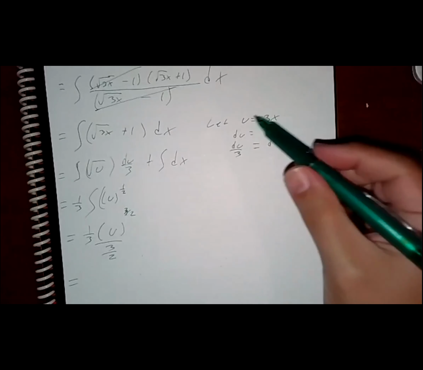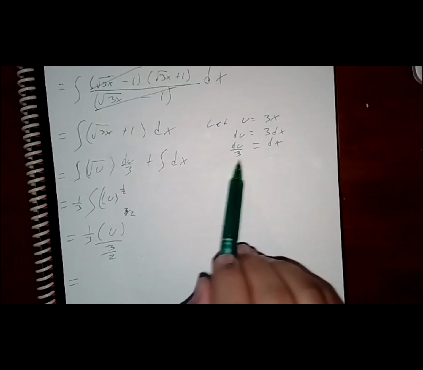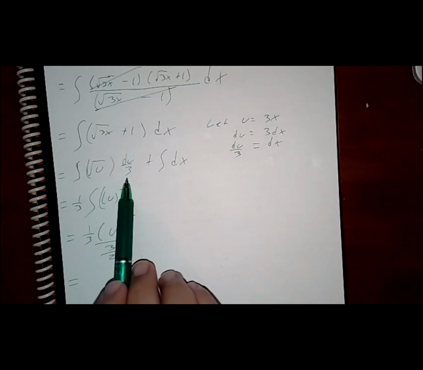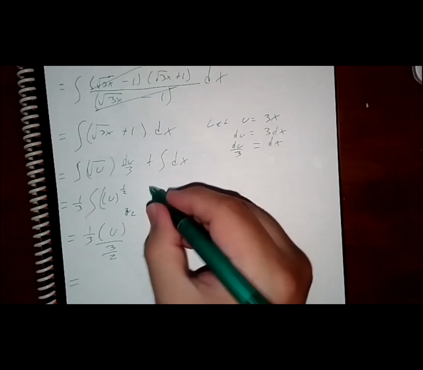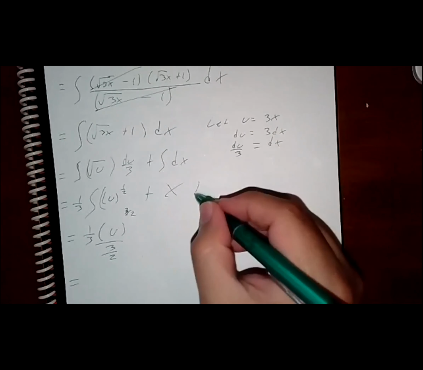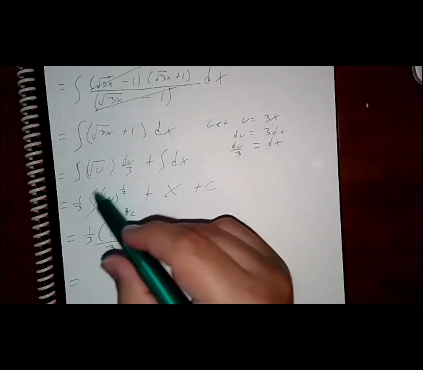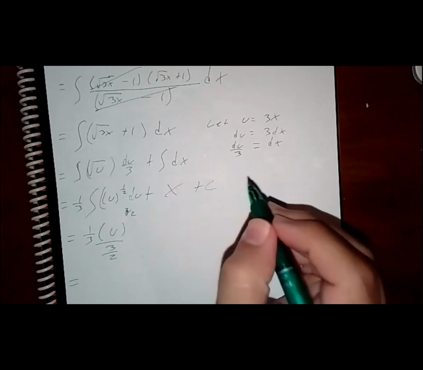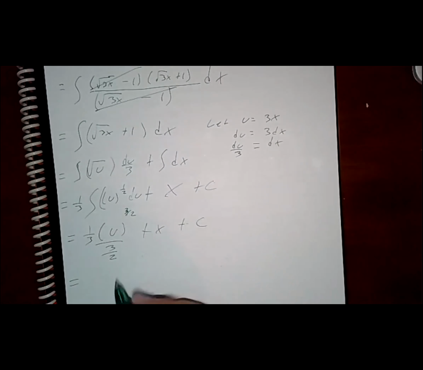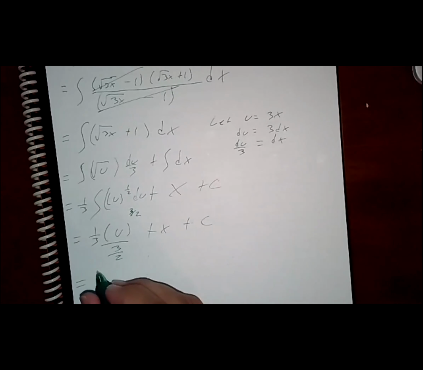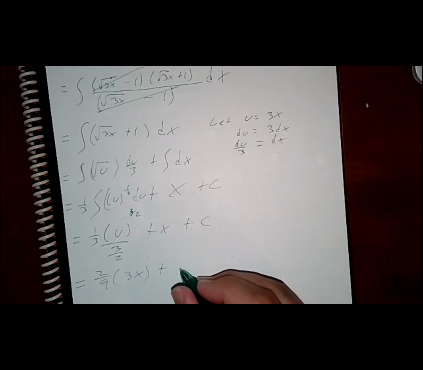So I did the sub here, let u be 3x. Du is that, just like usual. That replaces this u and that dx. That one dx will be here, so that'll be a simple x plus c. Integrate this guy. That'll give us this plus x plus c, which will give us a final answer of 2/9 (3x) plus x plus c.